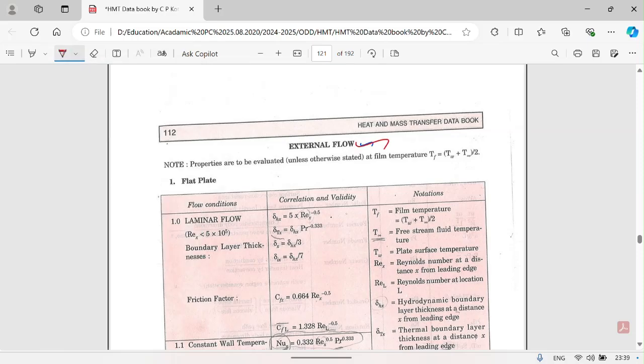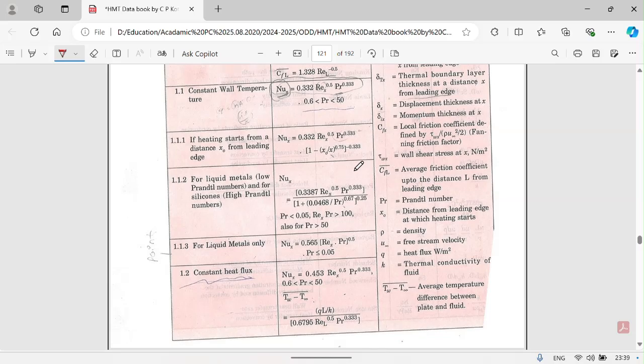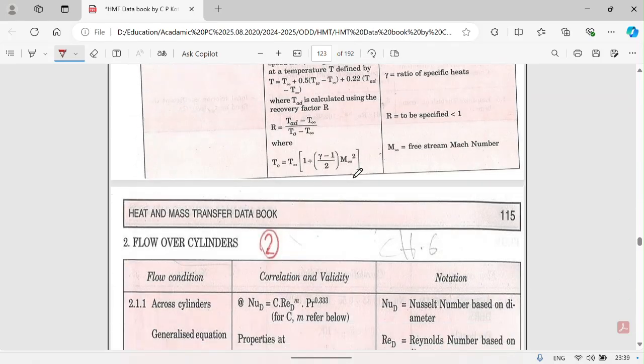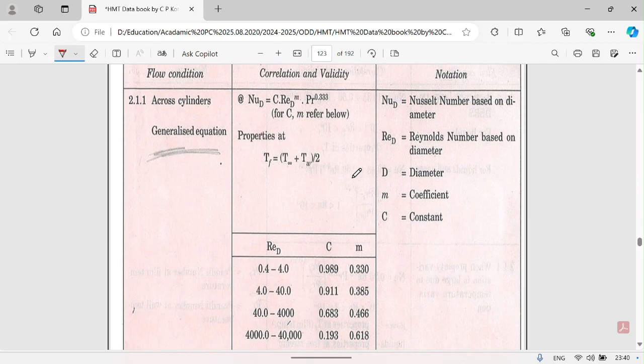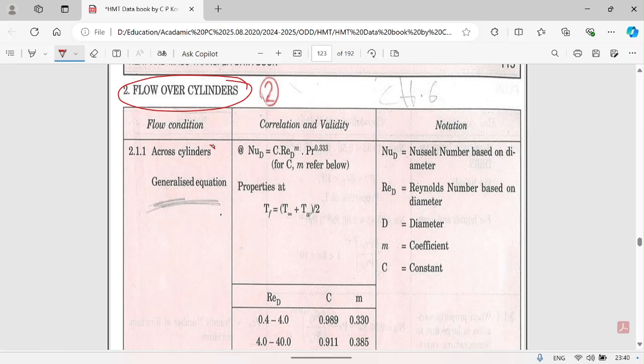In external flow, one condition is a flat plate, but our condition is flow over cylinders. That is available on a particular page. In flow across cylinders, you have a generalized condition: the Nusselt number at diameter D is equal to C into Reynolds number D power M into Prandtl number power 0.33. For C and M, you can refer to the particular values.